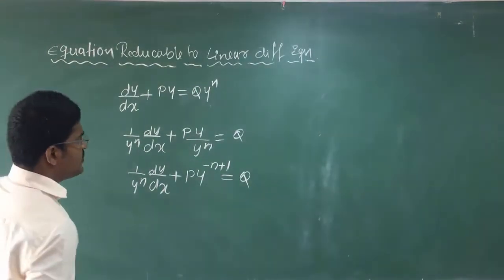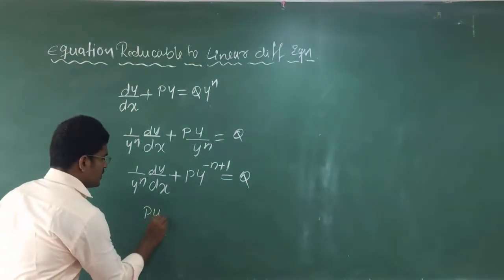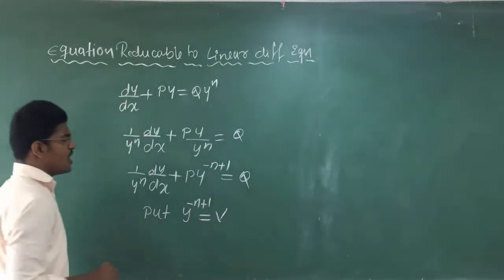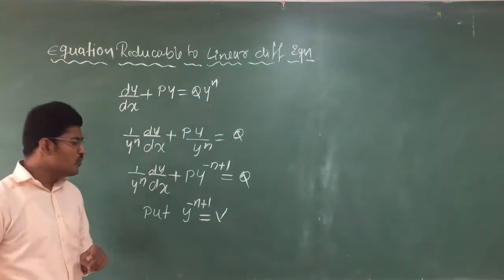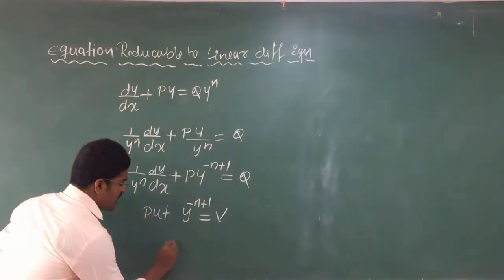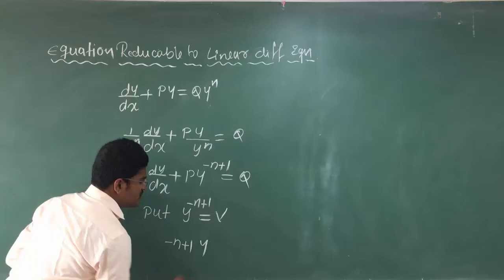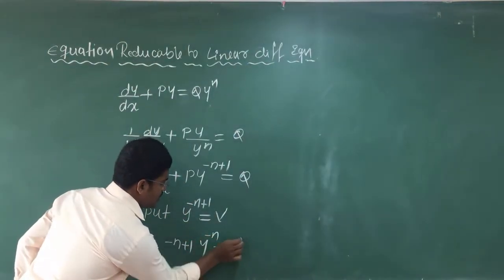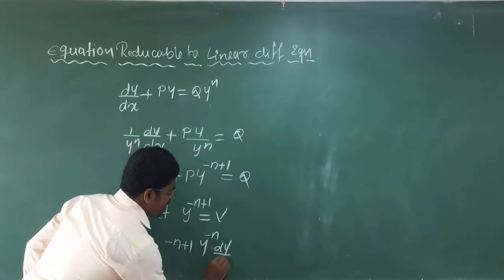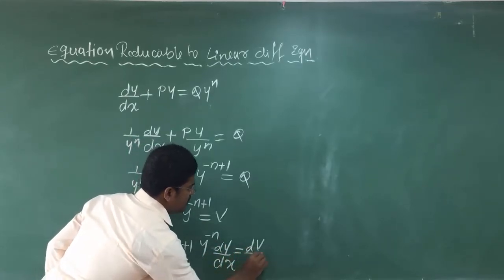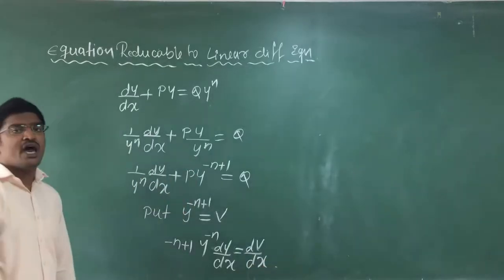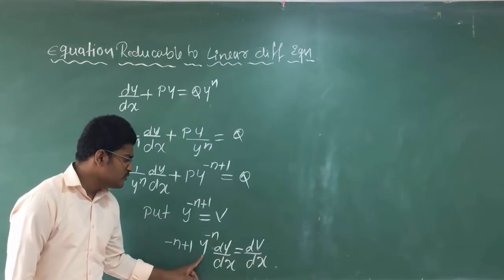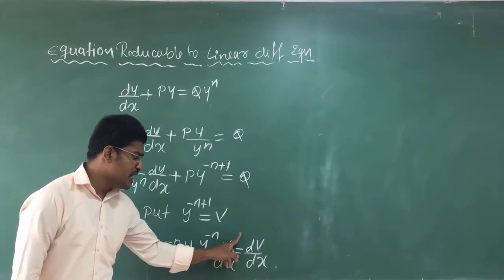So here what I will do, I will put y to the power of minus n plus 1 equal to v. I will put this term as v. So what are you going to have now? If I differentiate this, minus n plus 1 multiplied with y to the power of minus n plus 1 minus 1.